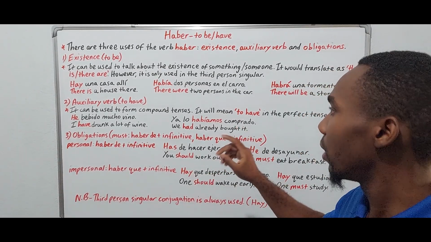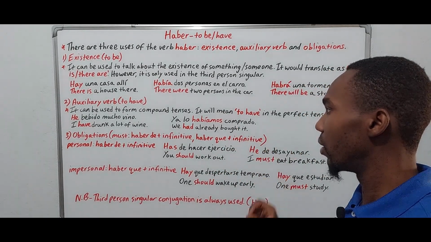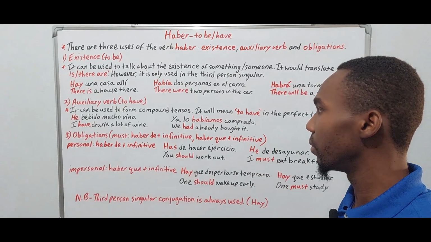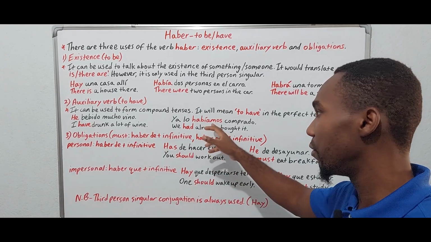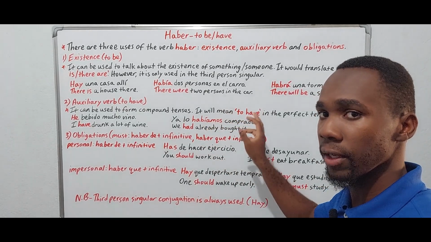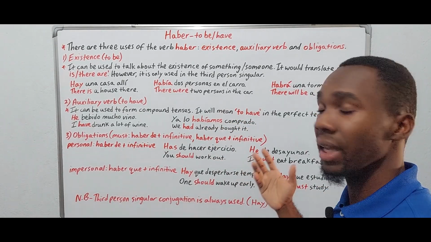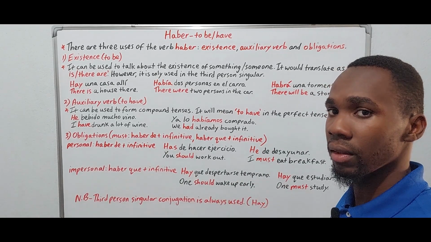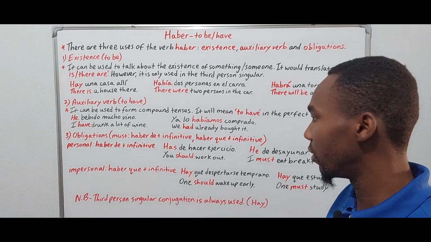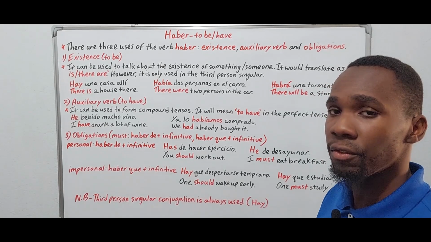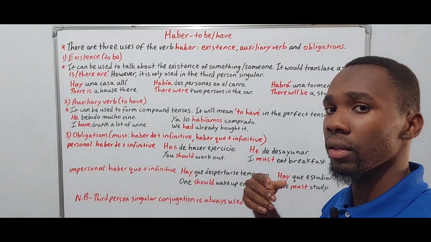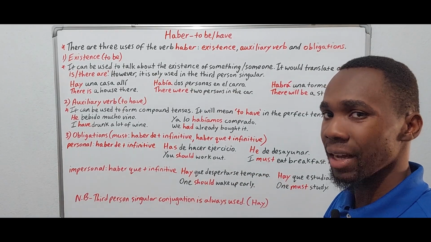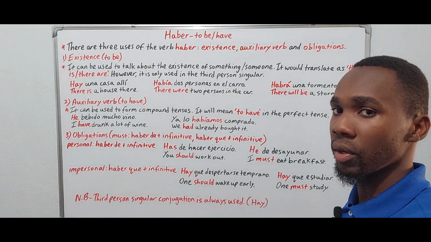Conversely, ya lo habíamos comprado. We had already bought it. This is the past perfect because we have habíamos, which would be the imperfect tense. And the past perfect in Spanish is formed by using the imperfect form of haber followed by the past participle.